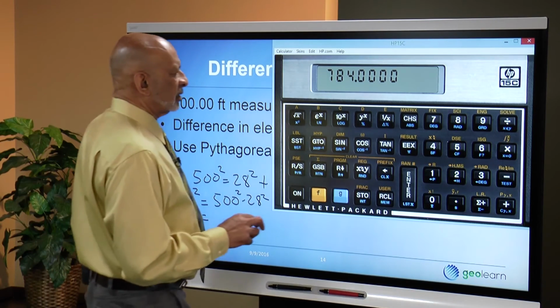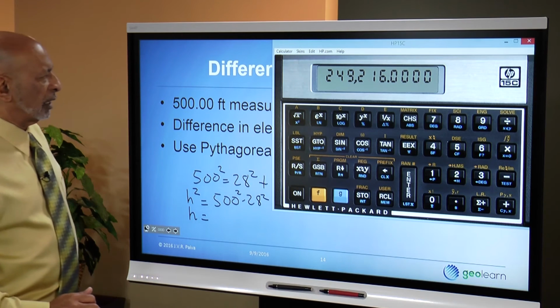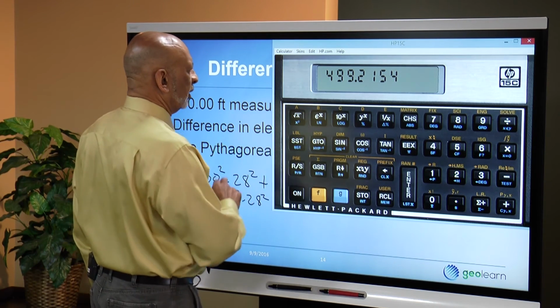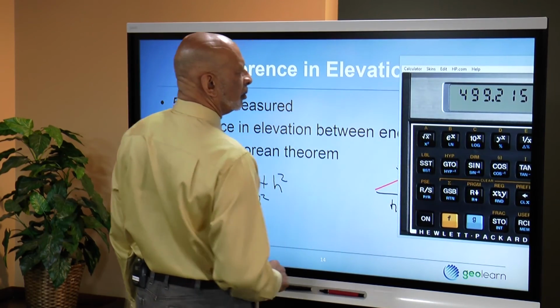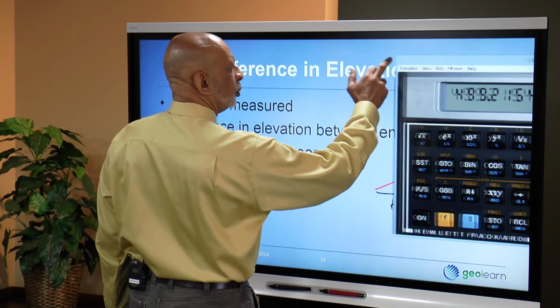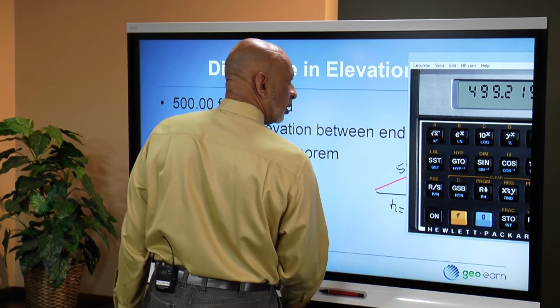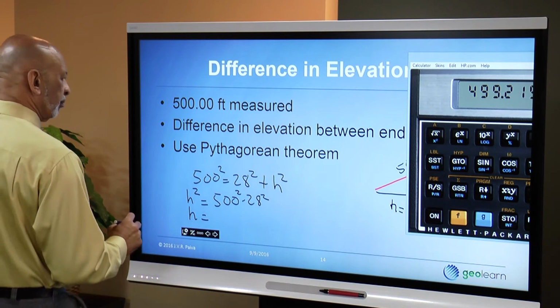I subtract that second number from the first number to get 249,216, and then I take the square root of it and I get 499 point, it's 2154, so I'm just going to call it 499.22.